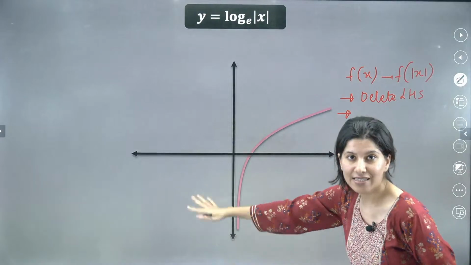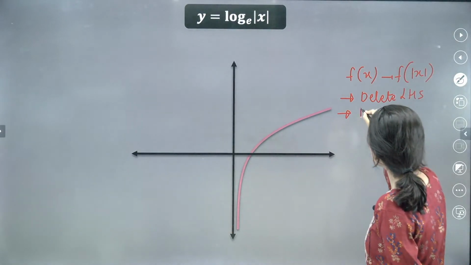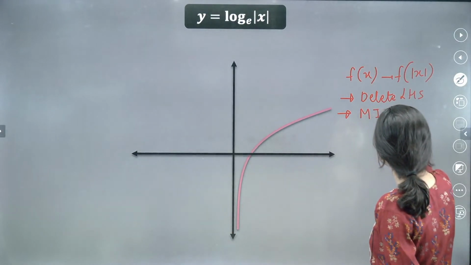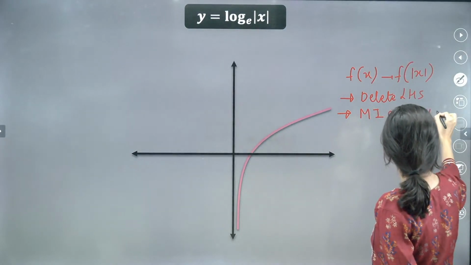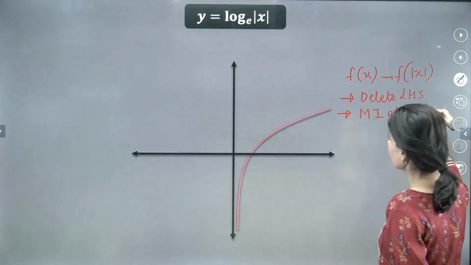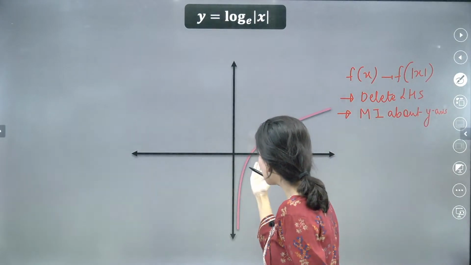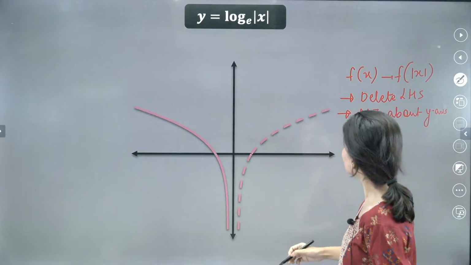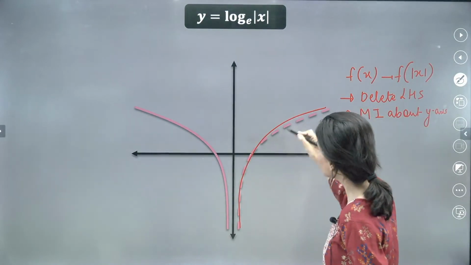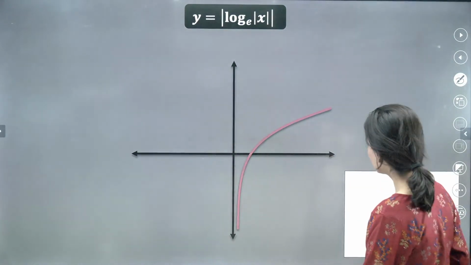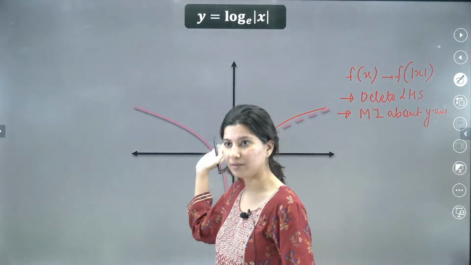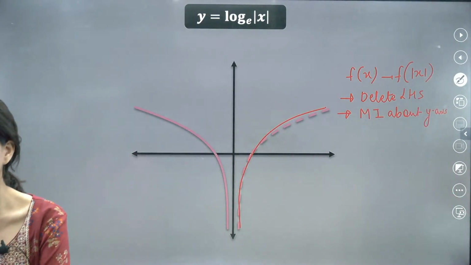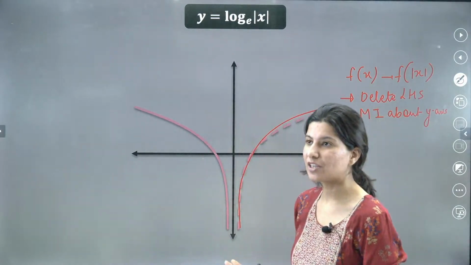And now once there is nothing in your LHS, take mirror image about y-axis. So mirror image about y-axis, that means this will be like this. Both will be here. One by one we are going tougher.